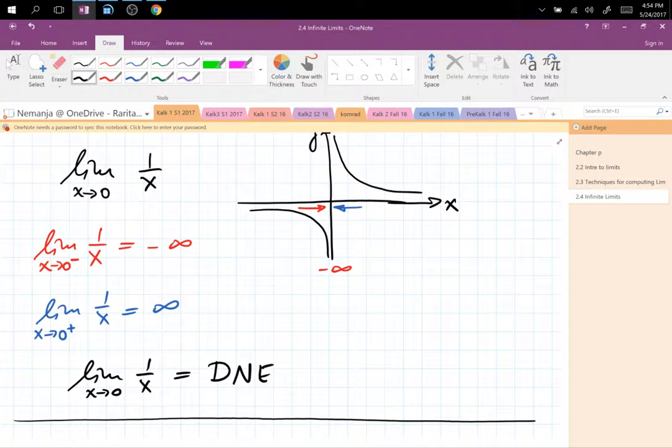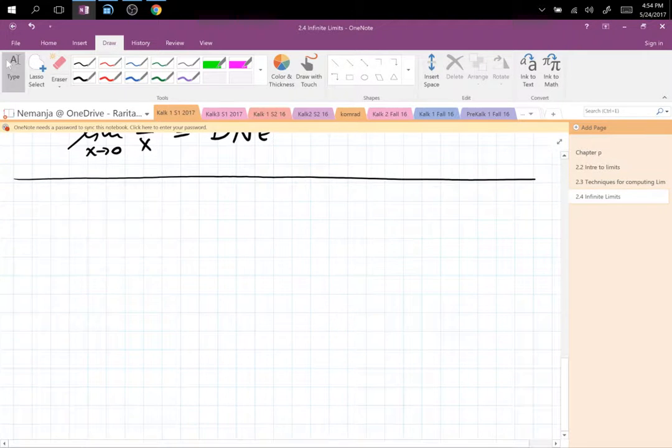Now you did the class prep. So what is the very important mathematical concept that we can define using these limits? Which one? Vertical asymptote.